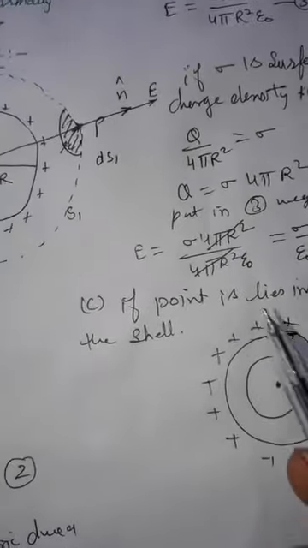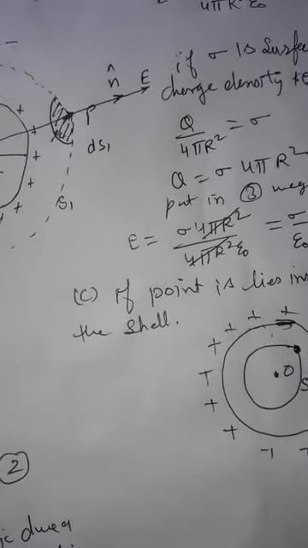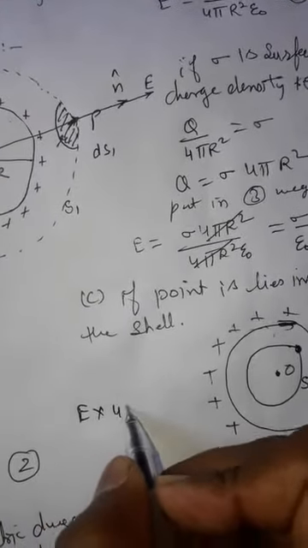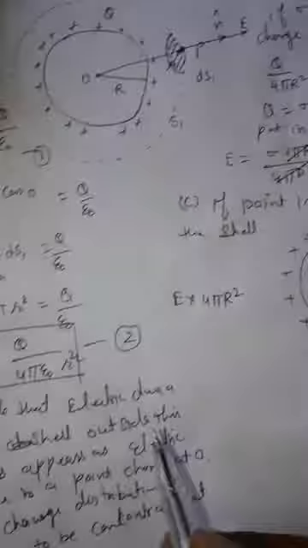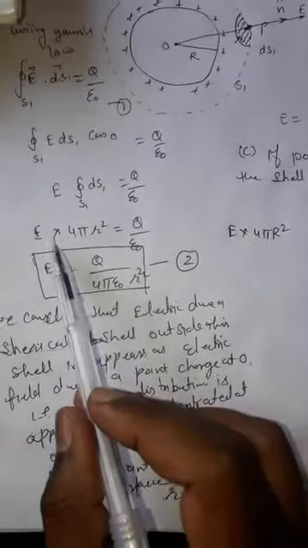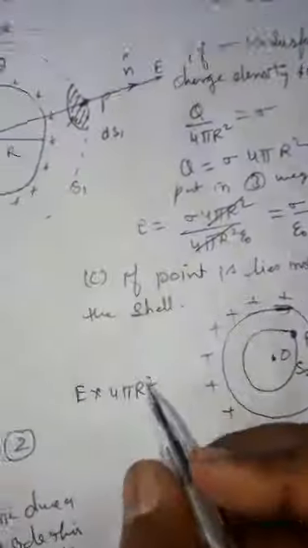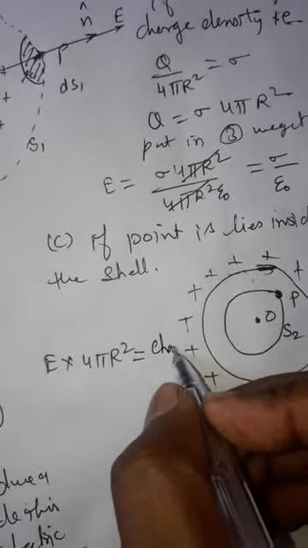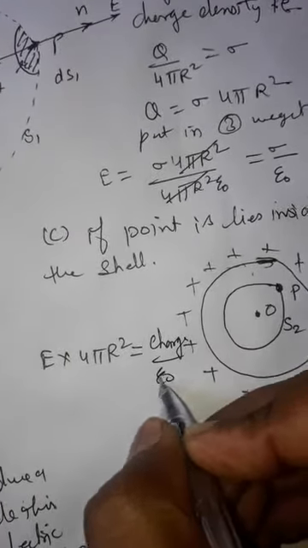As we already said, the flux passing through the surface is E into 4 pi r square, and this flux must be equal to the charge upon epsilon naught.